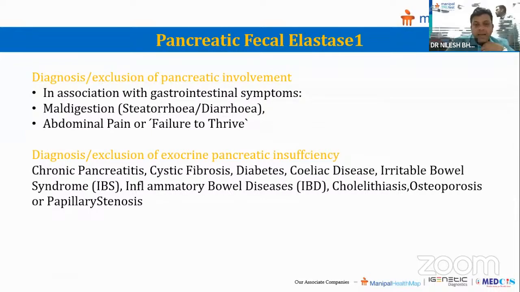So we can diagnose pancreatic exocrine insufficiency by measuring fecal elastase in a small amount of stool sample. In that way, we can prevent chronic pancreatitis, and thus pancreatic cancer, because chronic pancreatitis is also an important risk factor for the development of pancreatic cancer.